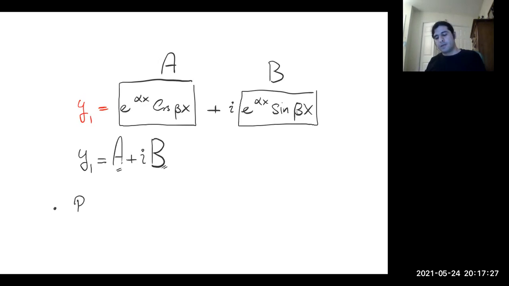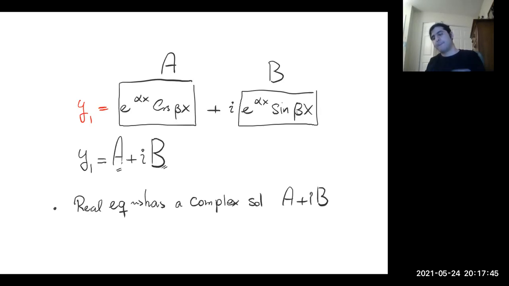When we have a real equation, by real equation, I mean an equation whose coefficients are real, when it has a complex solution, here A plus IB, both A and B, which are real, should be solutions to the equation.